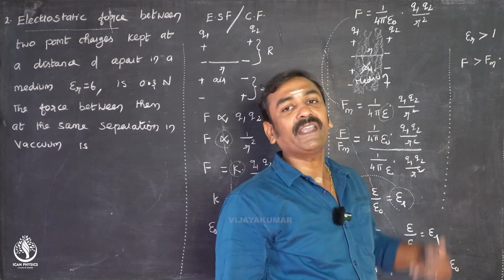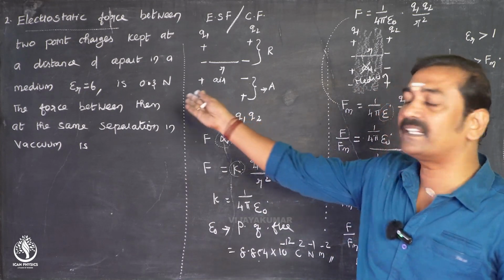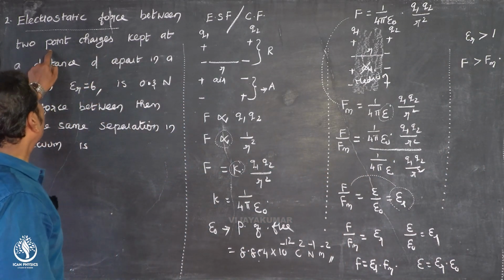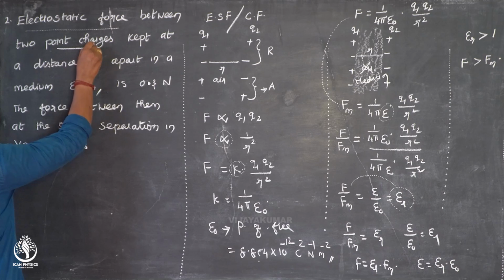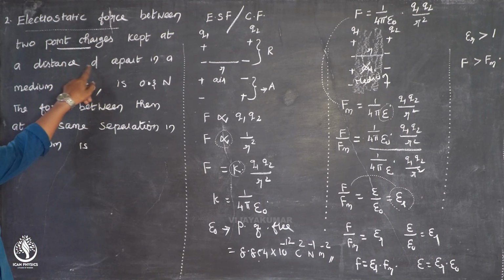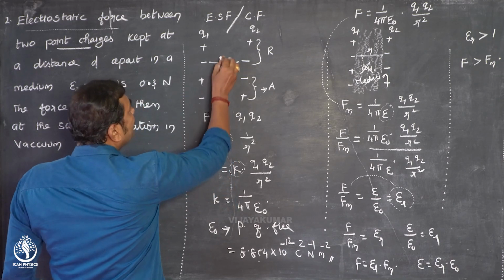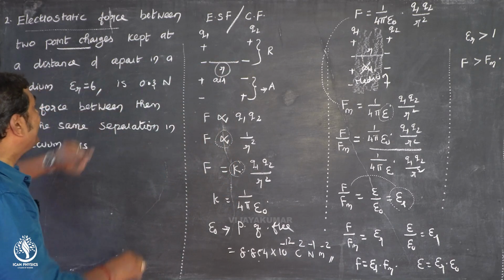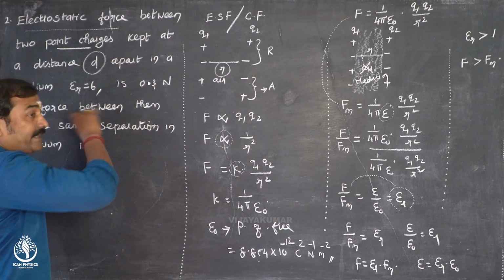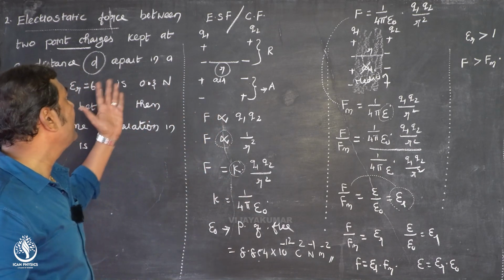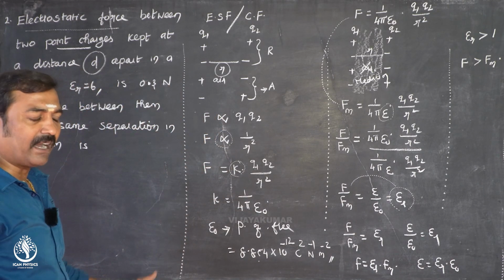Okay. So how can we verify? We can verify with the second objective. The electrostatic force between two point charges kept at a distance d apart. Instead of r, they used the word d, or they may ask x. Whatever it may be, distance means r, d, x, whatever it may be.